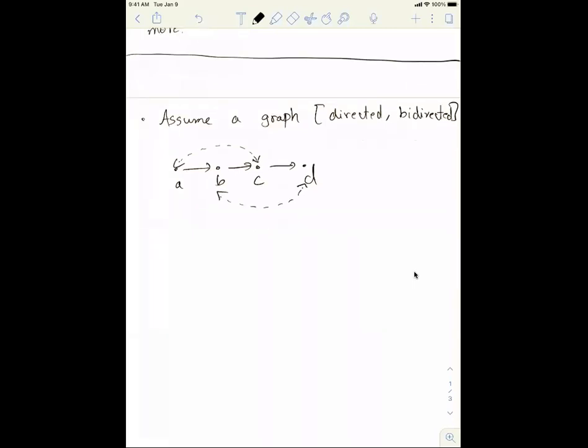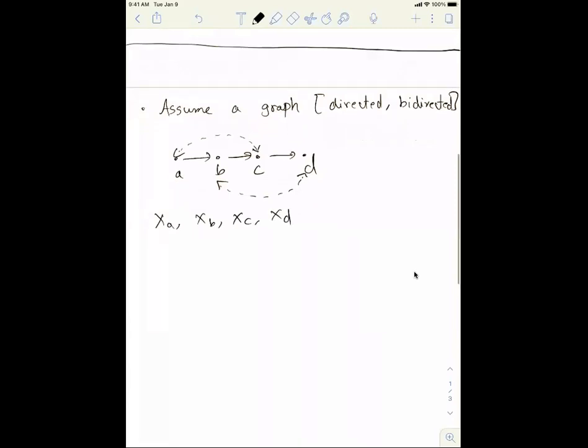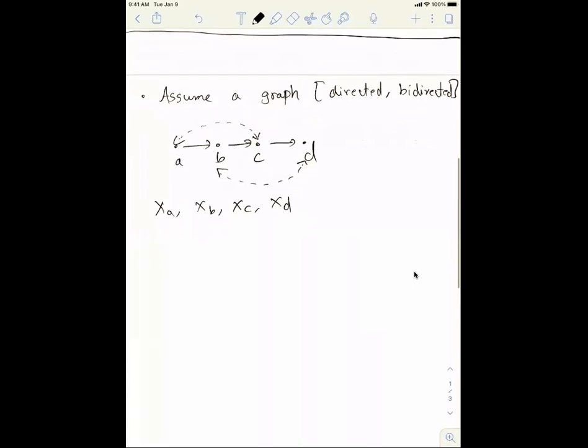You have random variables corresponding to each of these vertices. So let's say you have 4 random variables, xa, xb, xc, xd, and their relationship is determined as follows. xb is some variable lambda ab times xa plus some noise variable corresponding to this vertex.